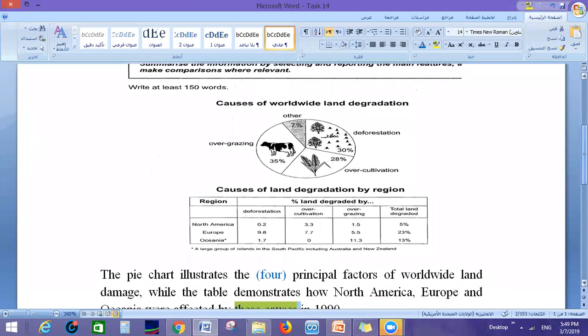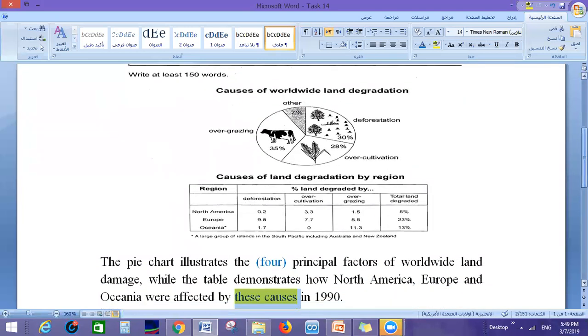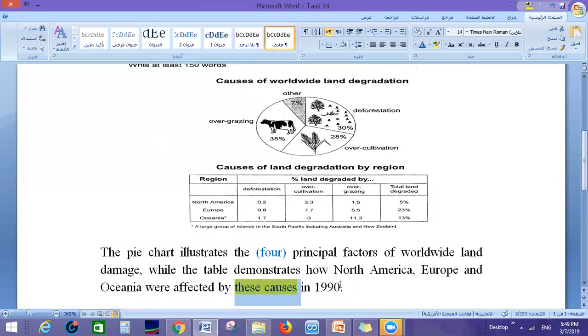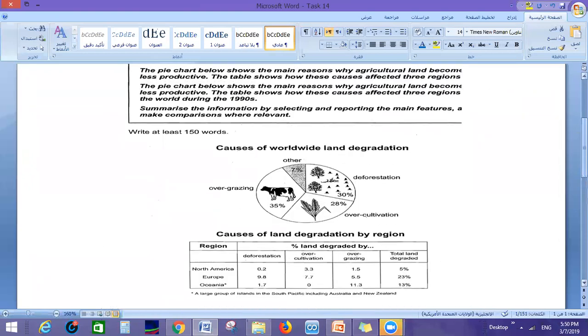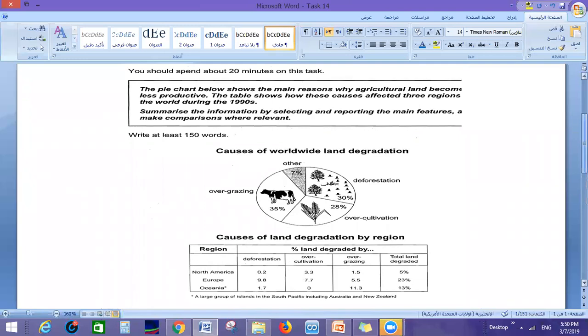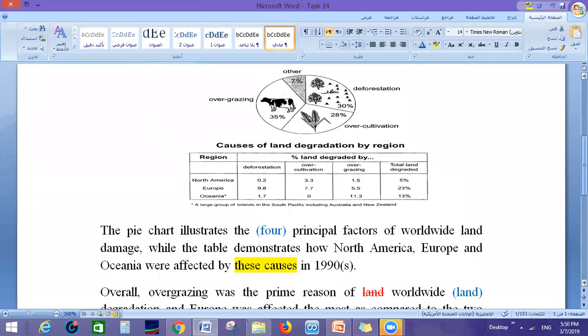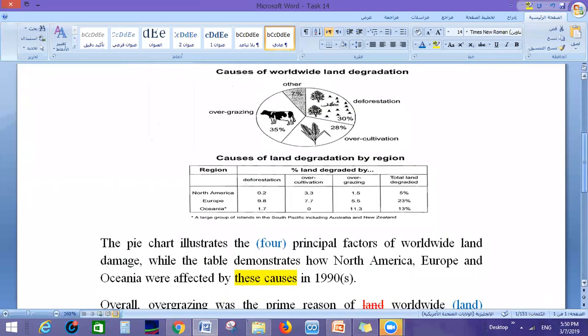I think it would be better to say 1990s because it's not 1 year. So here it's probably looking at 10 years. So that would be a bit inaccurate there. Now you could, of course, within the introduction, list the 4.